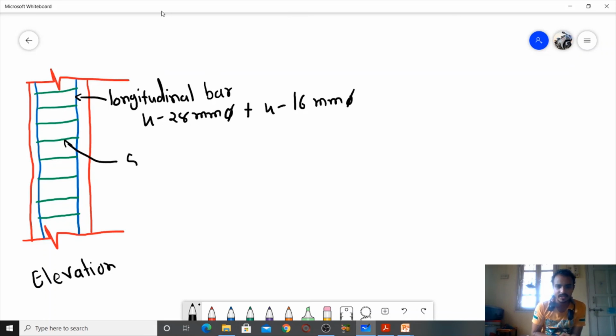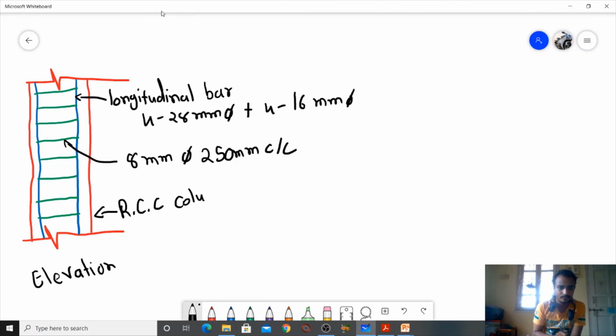Lateral ties are 8 dia at 250 center to center. And here is the RCC column, 390 by 390 mm. Okay, it's the elevation.